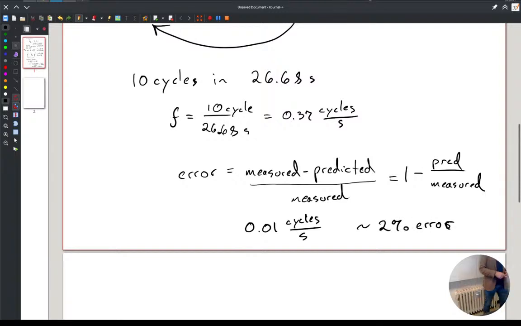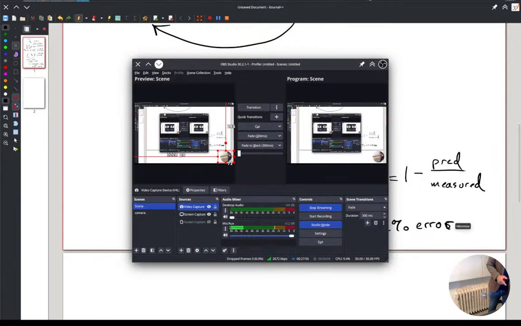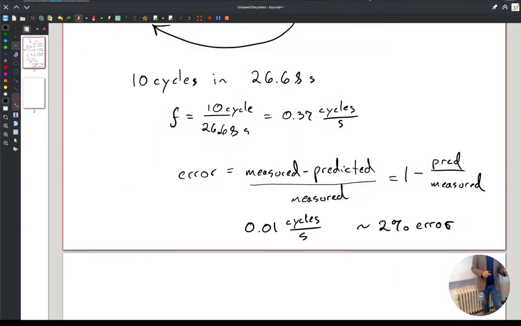Like a 2% error. Or wait, 2%? Is it 2? Anyway, I think it's 2. 0.01 of 0.37, 1 over 37, about 2%. I think that's right. It's pretty good.